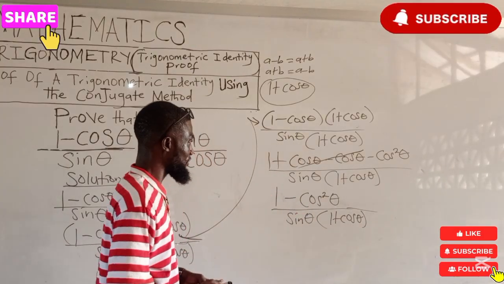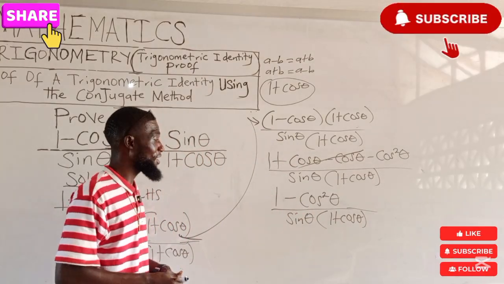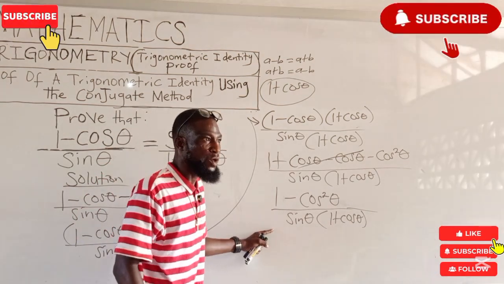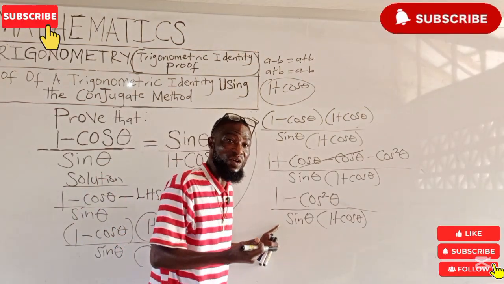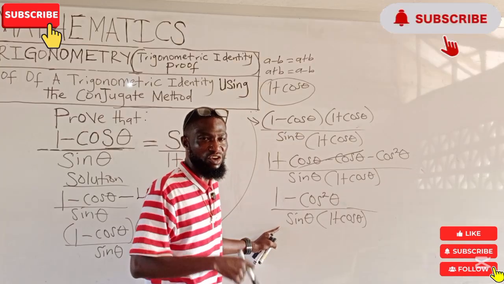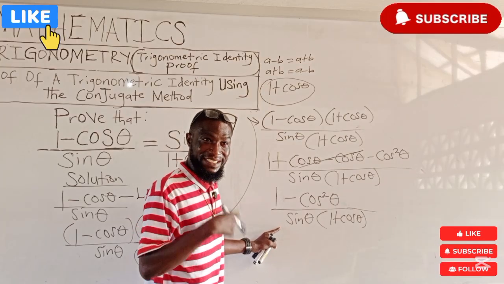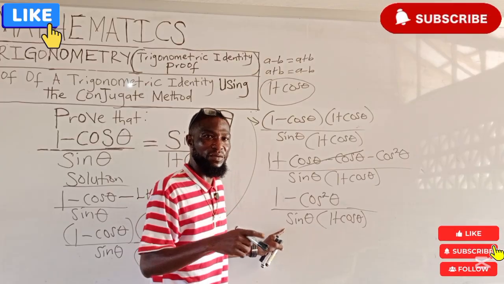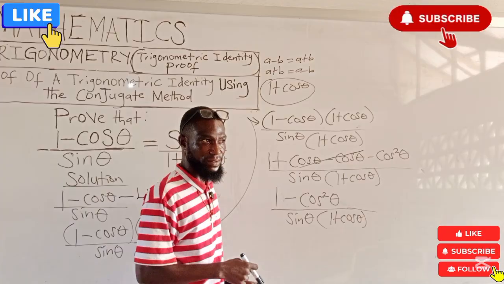On this note, ladies and gentlemen, we'll be using one of the identities called the Pythagorean identity that was introduced by Pythagoras. Pythagoras also introduced the Pythagorean theorem, which is c squared equals a squared plus b squared.